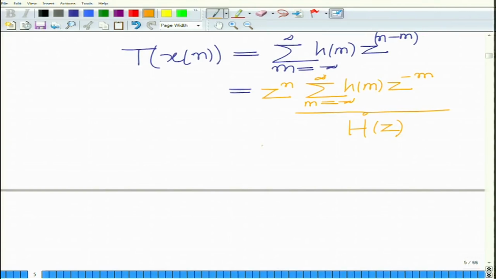This is known as H of z. So, you can see this is H of z times z to the power of n.